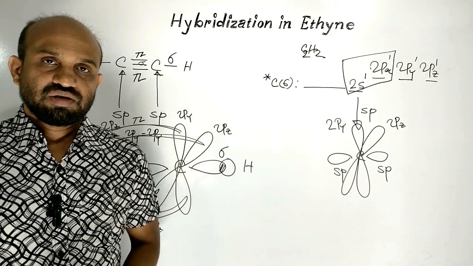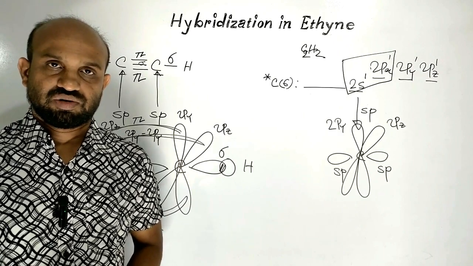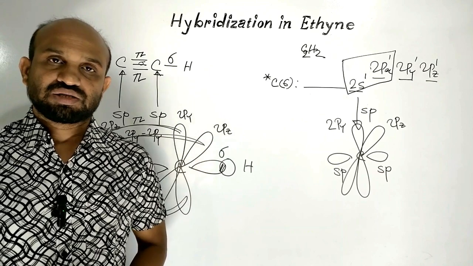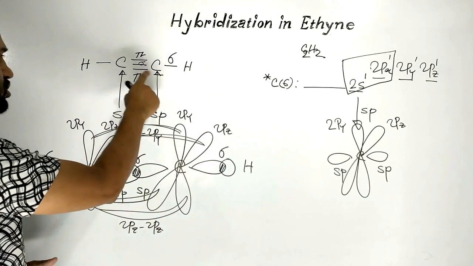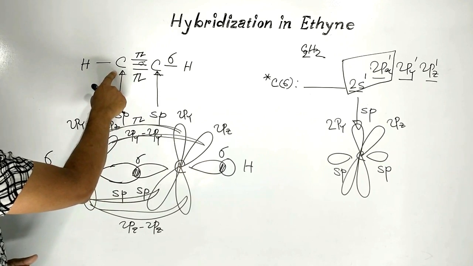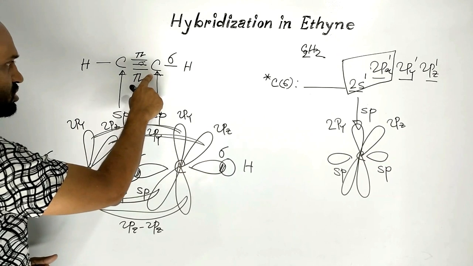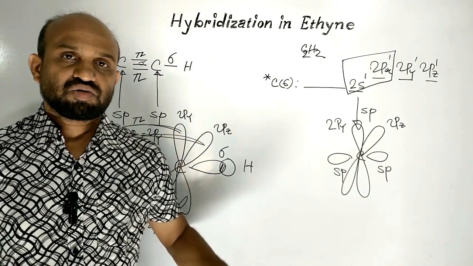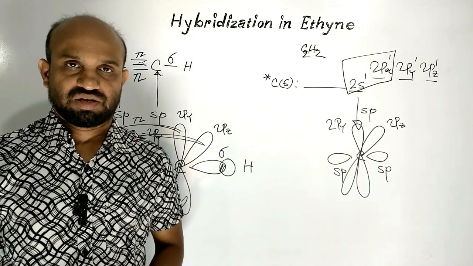In this way, the ethyne molecule is formed, with two pi bonds and one sigma bond between two carbon atoms, and with one carbon atom, one sigma bond, with another carbon atom, another sigma bond. This is the complete orbital structure of ethyne.